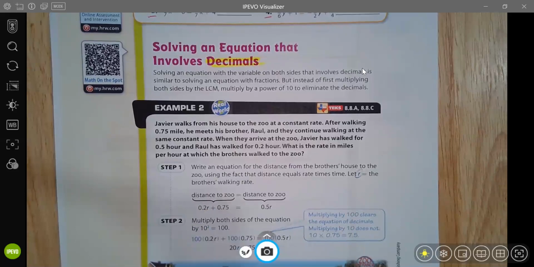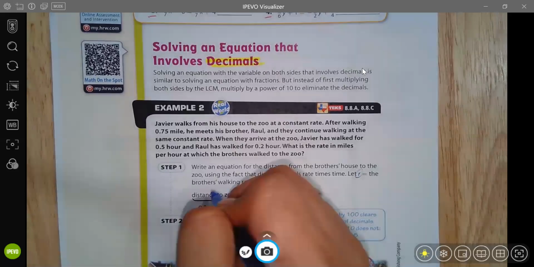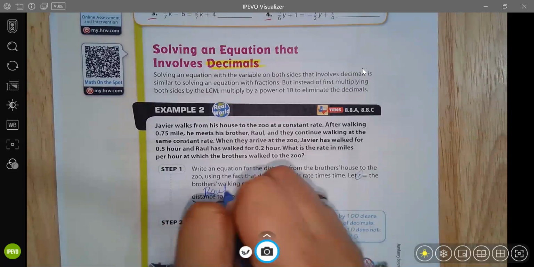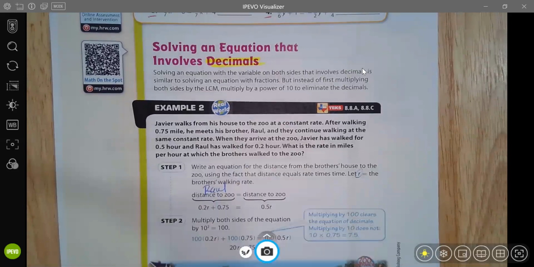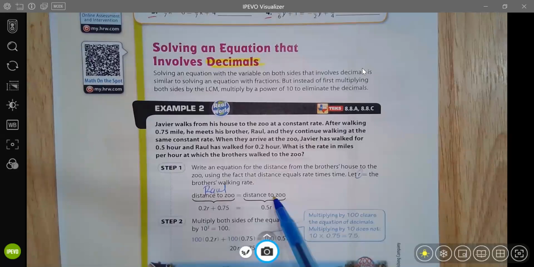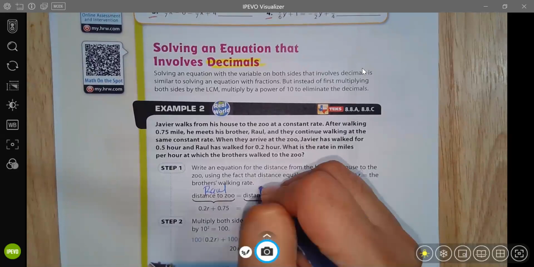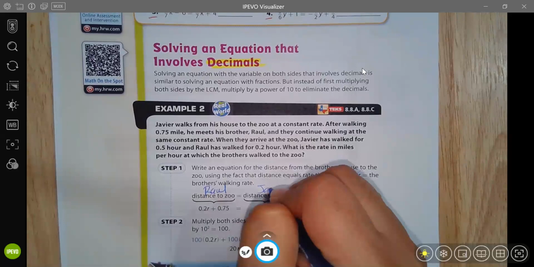So that is going to represent Raul. So this is Raul's information. And distance to the zoo, when we have 5/10 R, we're talking about Javier, okay?